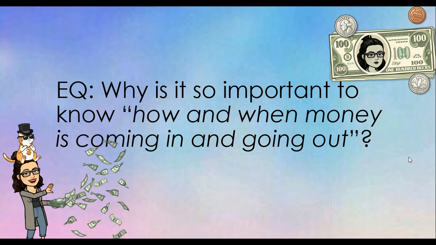What's the purpose of knowing when money is coming in and going out? How is that helpful to you? And think about that in the context of building a budget. Why might that be really important for us to know as adults in managing our money? Hopefully by the end of this, you guys will be able to answer that question, and I'll see your responses on your warm up.